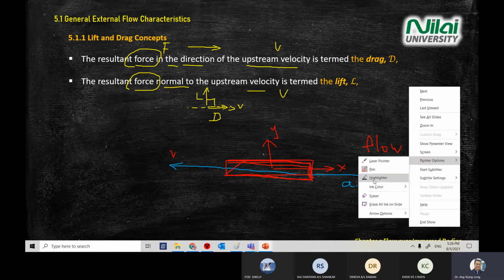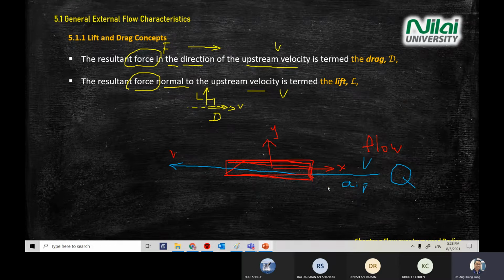Now my question is that, because of this flow, you are generating two types of force on this red color object. If you look at the definition, which one is your lift, which one is your drag? Ask yourself.